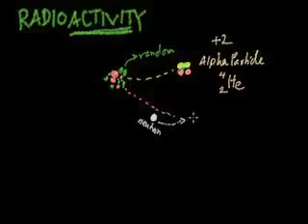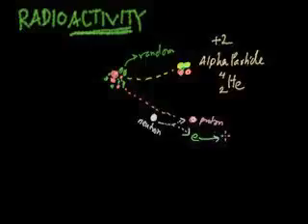Let me use purple color for the proton. Breaking down into a proton and an electron. This electron, which is negatively charged, is the beta particle.